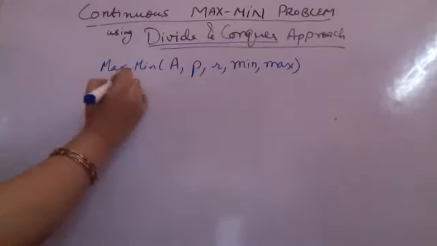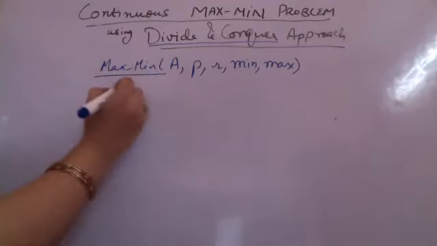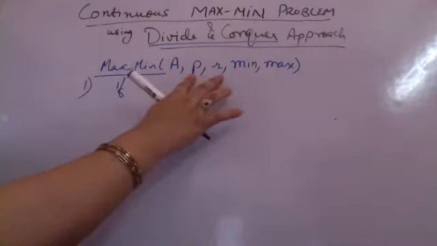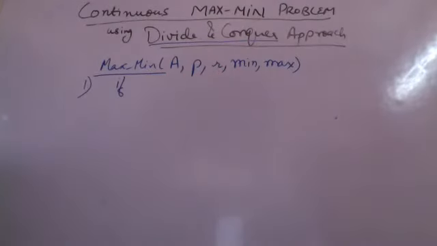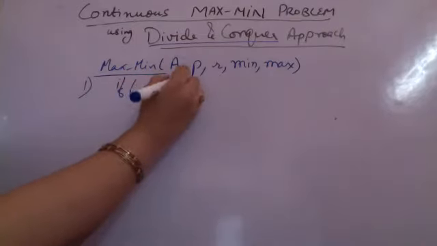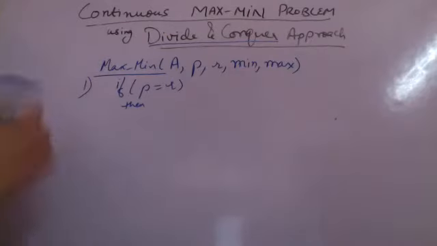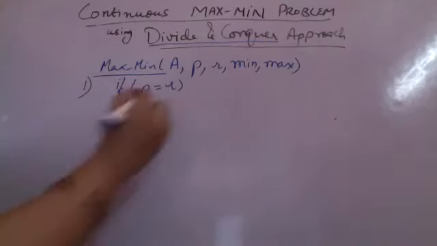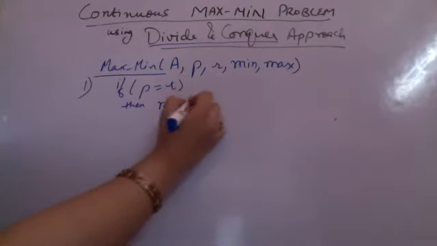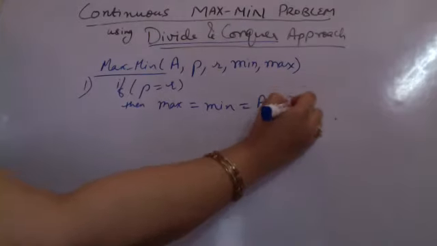The first thing within this function: if P is equal to R, that means only a single element is there, then minimum and maximum both are that element only. So maximum is equal to minimum is equal to A of P or A of R. It is one and the same thing.